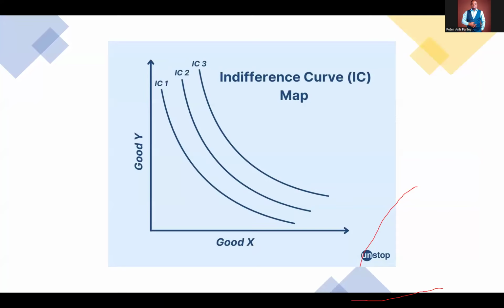This is what we mean when I said that more is preferred to less. So if someone is on IC2, he would want to move to IC3, because the points on IC3 give a higher level of satisfaction as compared to the points on IC1 or IC2. All right? So that is it with indifference maps.